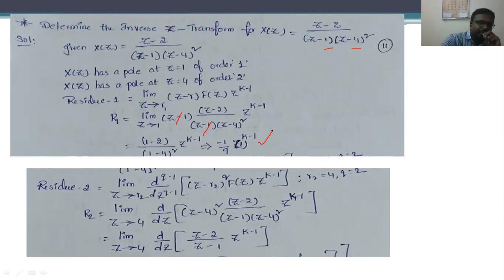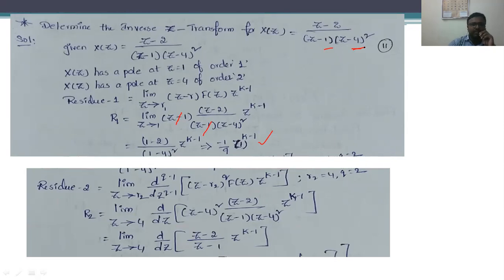In a similar fashion, for calculating the residue of the second pole, which is a repeated pole, we have to differentiate the basic equation.